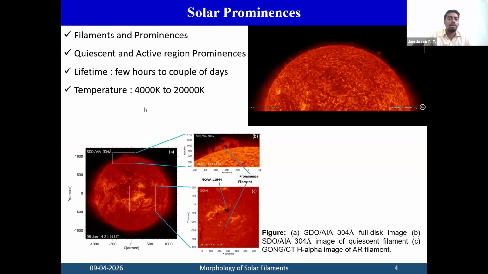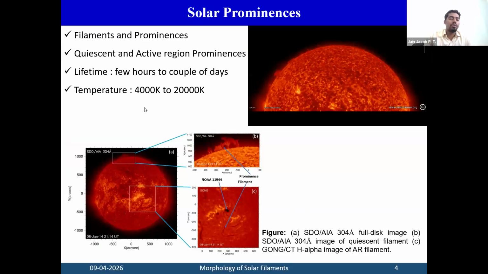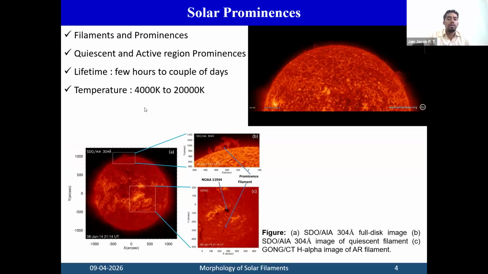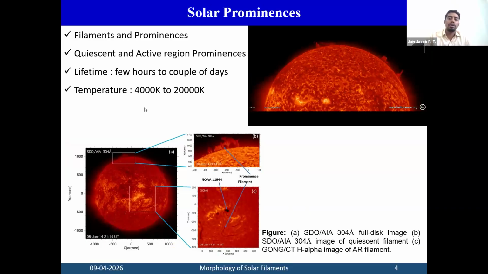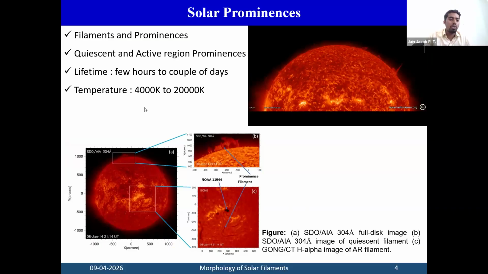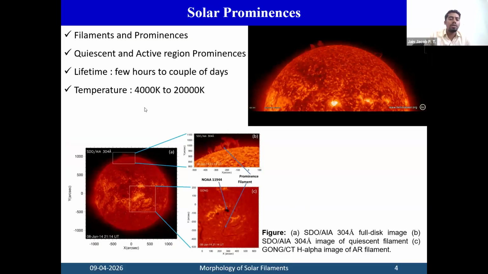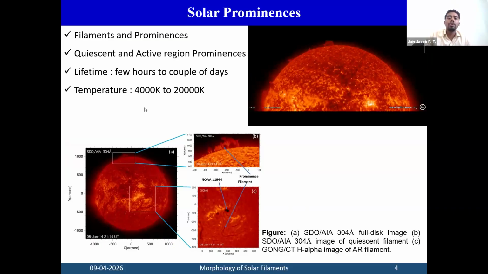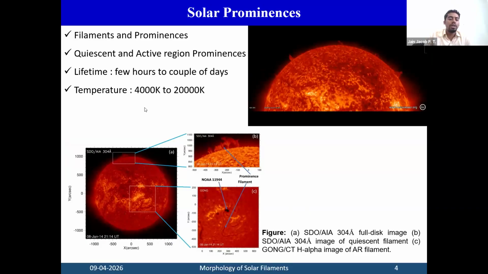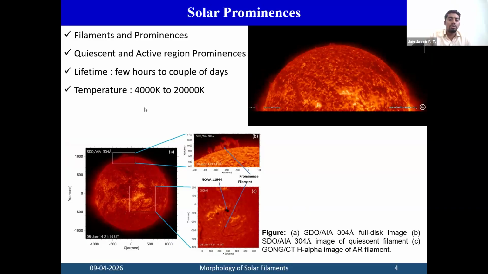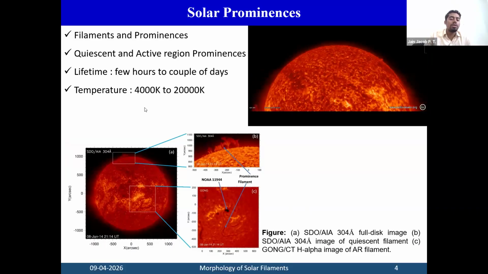A solar prominence can also be called a filament when it appears on the disk, and a prominence when it appears at the limb. It is also classified as quiescent or active region according to its association with active regions. It has a lifetime of a few hours to a couple of days, and a temperature ranging from 4000 Kelvin to 20,000 Kelvin. You can see the quiescent prominence here and an active region filament here.